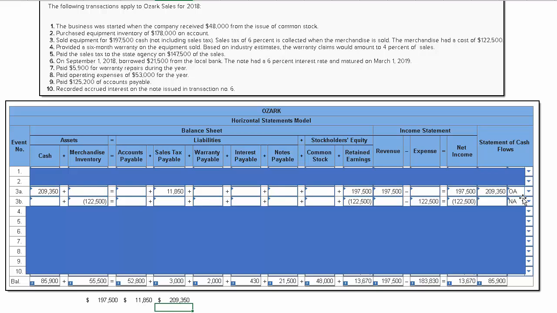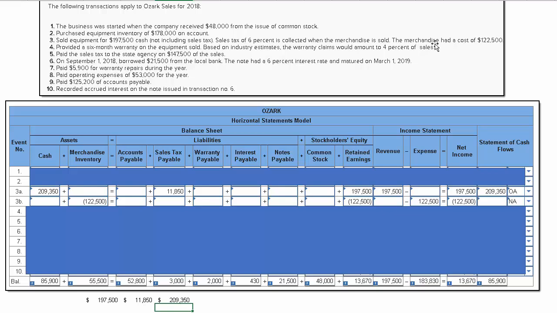If we had an increase or a decrease in long-term assets, cash impacting long-term assets, that would be an investing activity. And typically long-term liabilities or anything in equity other than the change in retained earnings from net income would impact a financing activity. Okay, so I just wanted to walk through that.